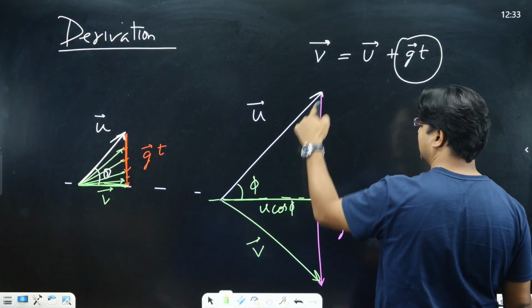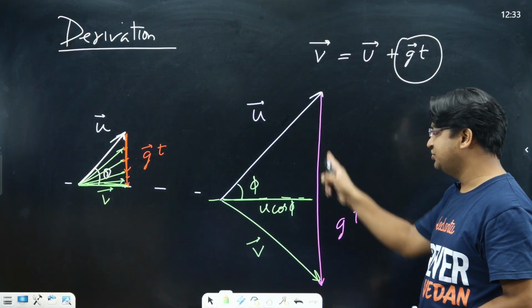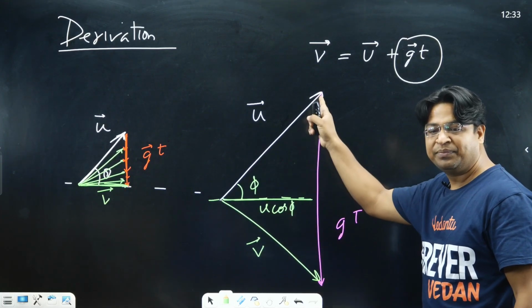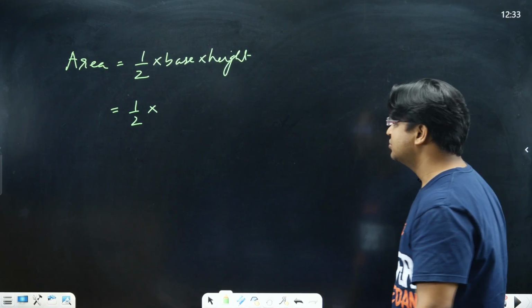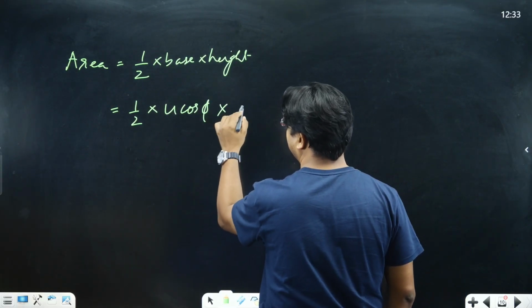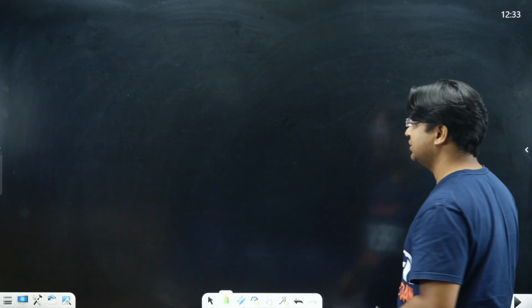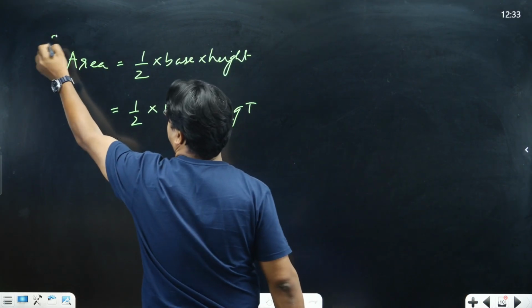This length is u, this angle is phi, so this is u cos phi, and this length is gT. So in this triangle, this length can become the base, and this can become the height. So half into base into height is half u cos phi into gT. So this triangle was our first key idea, and this is our second key idea.